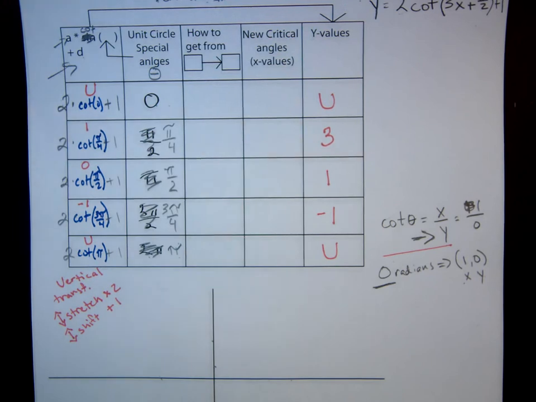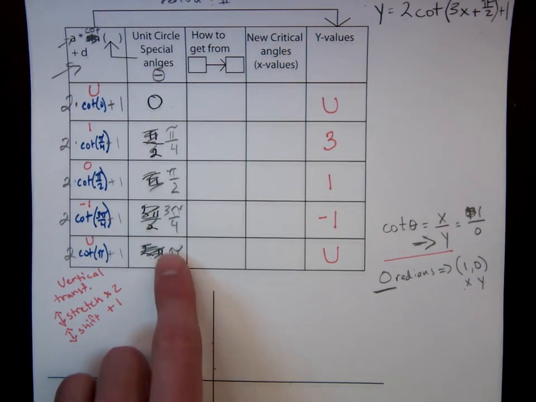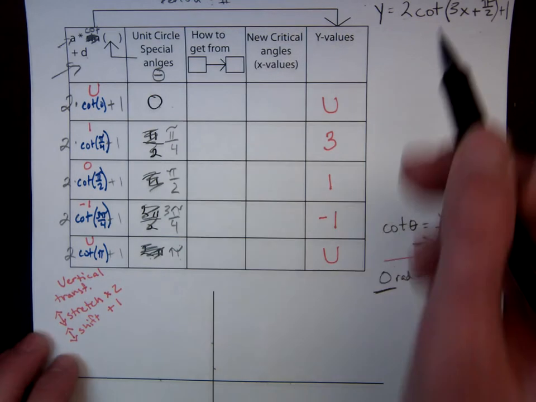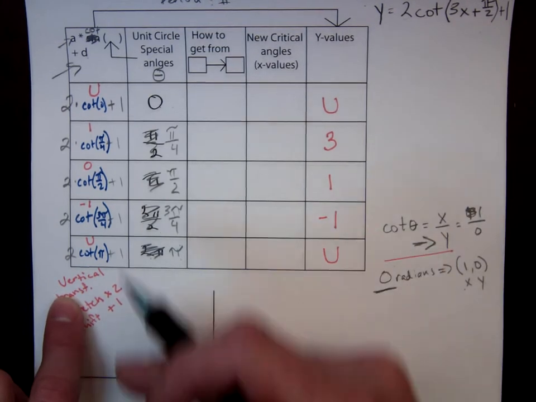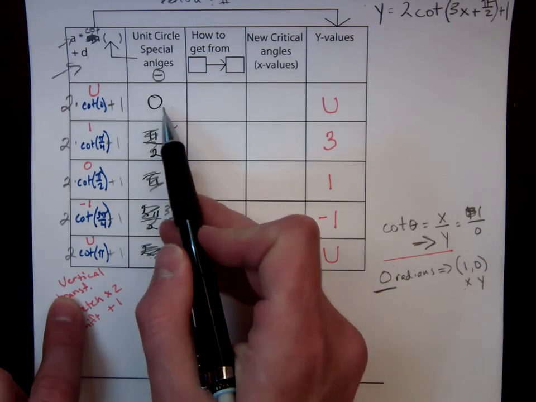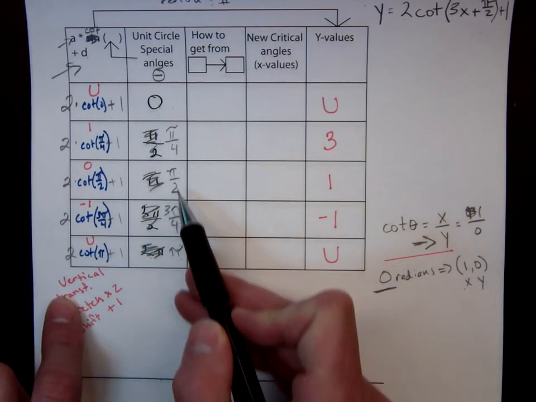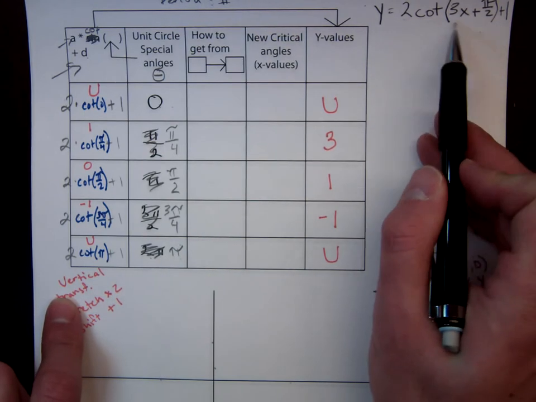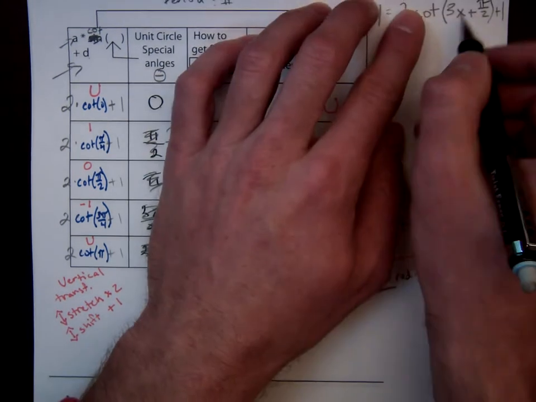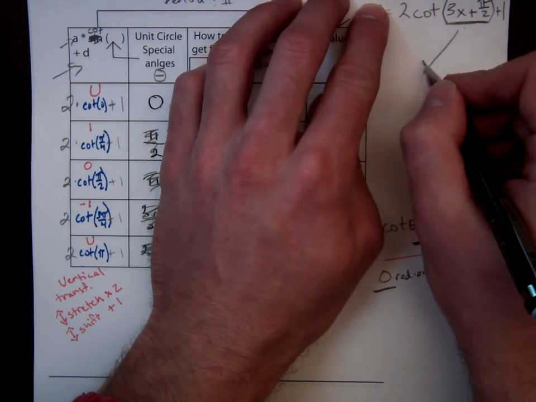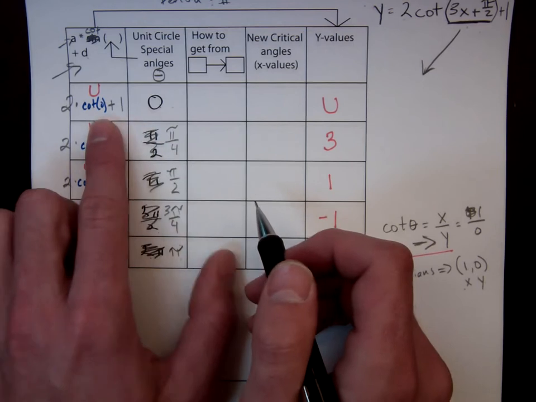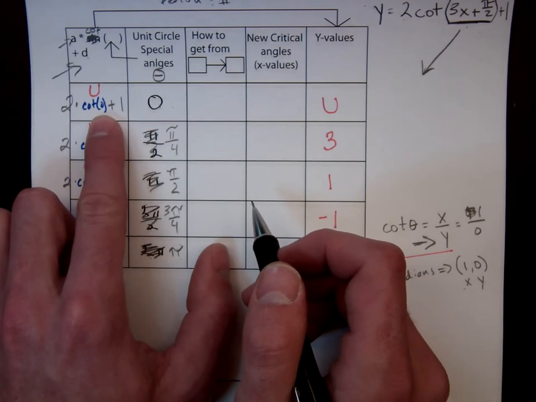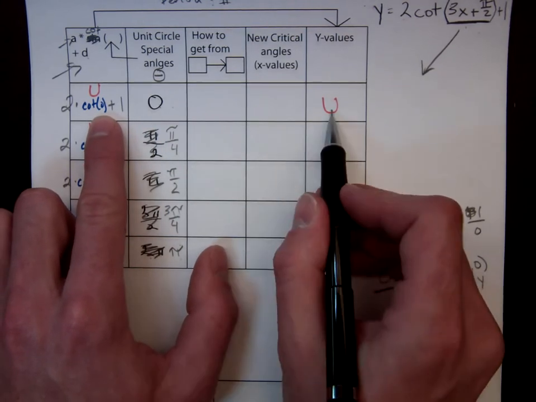Now the next piece, okay, is going to be to figure out how my x value shifted, because if I just look at where the vertical parts shifted, those are corresponding with my normal unit circle special angles. But I'm also going to have some shifts with the x's, and I can see that here. Now the way we calculate those out is, we know that if we input a 0 into the cotangent trig function, then we're going to get undefined.